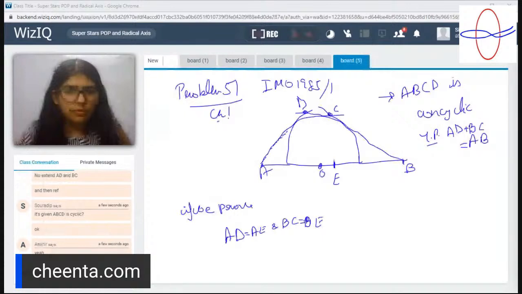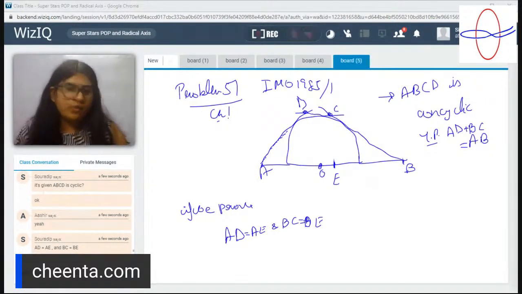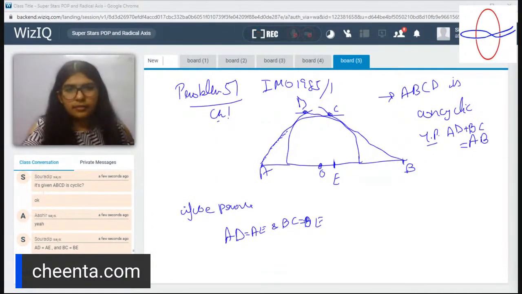Yeah, a phantom point exactly. We want to show the existence of such a point to prove that AD plus BC equals AB, right?